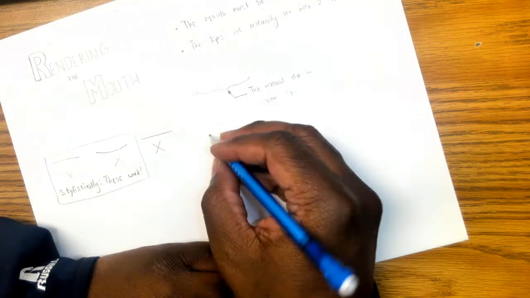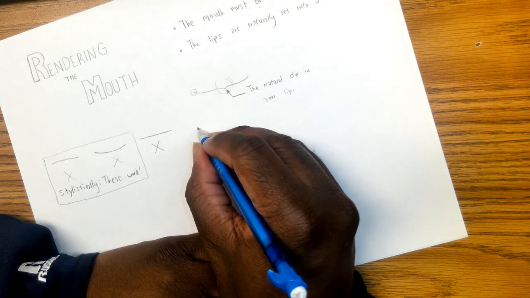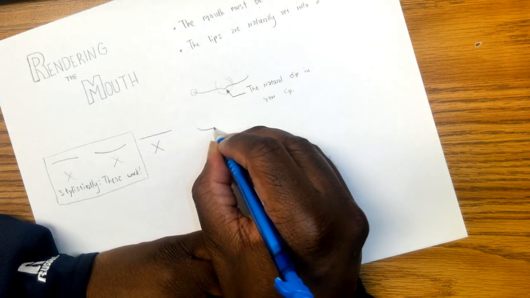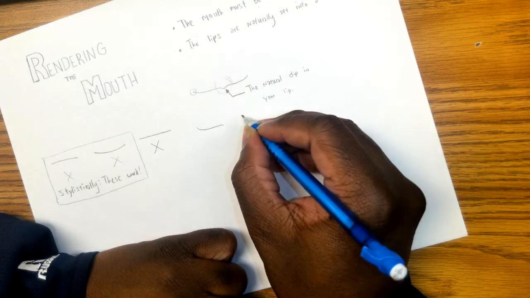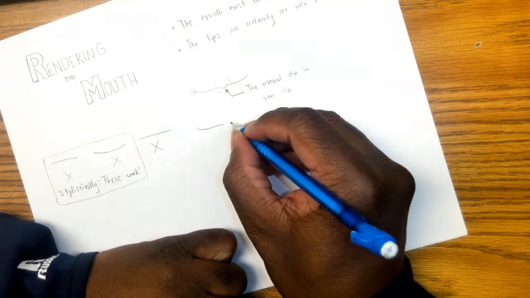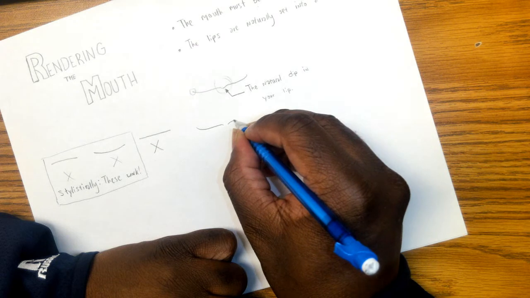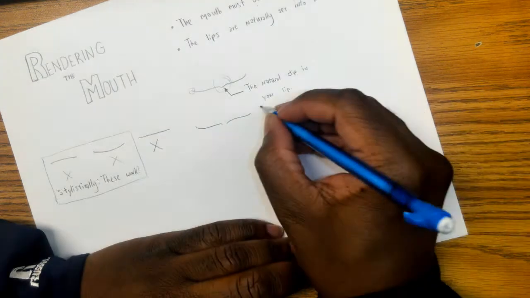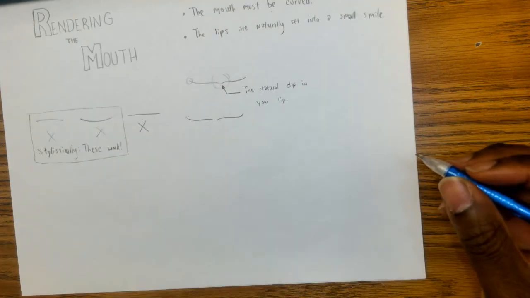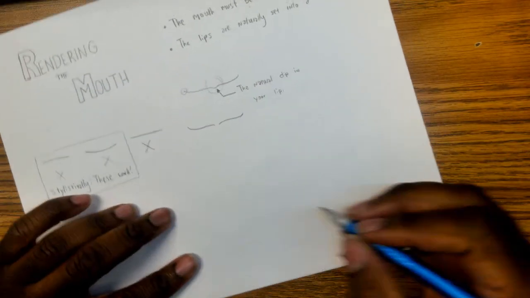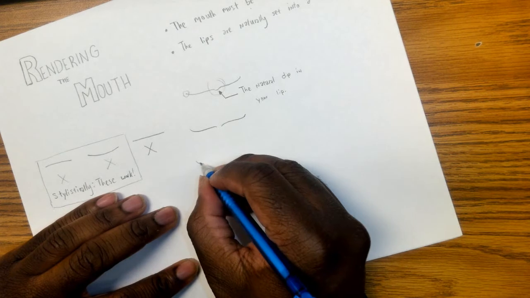So once again, from the top, curve, don't mind that. For the bottom, curve, like so. Now obviously we can't leave it like that because everyone has lips. So, I'm going to draw another one here.